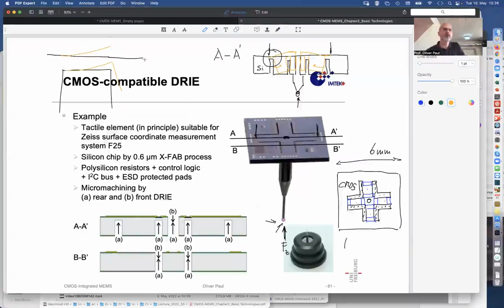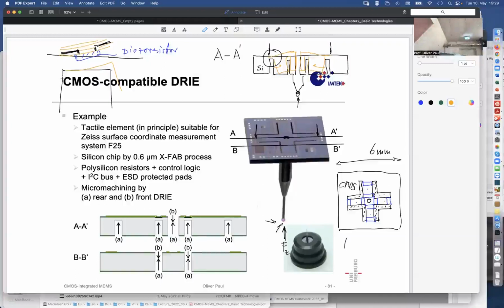So if I implement a piezo resistor here, which is a doped region in the substrate, and I contact that doped resistor by some metal lines, of course, with some additional yellowish insulation layers that you all know now, then I have a way to measure that deformation.